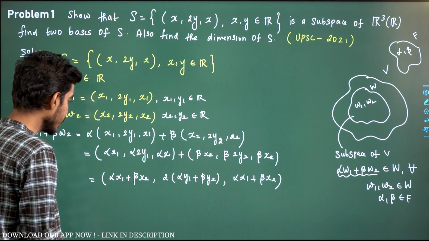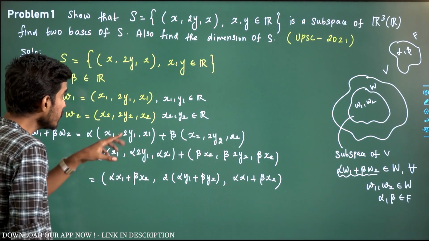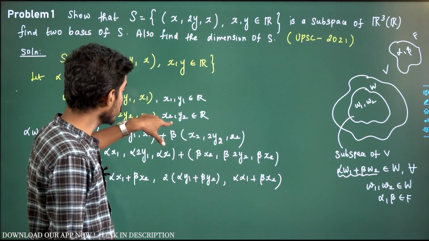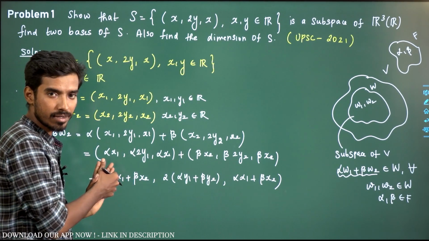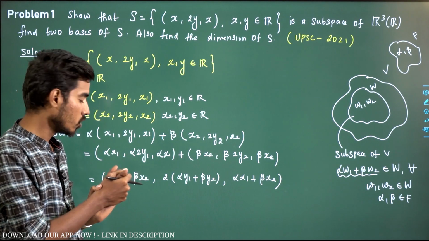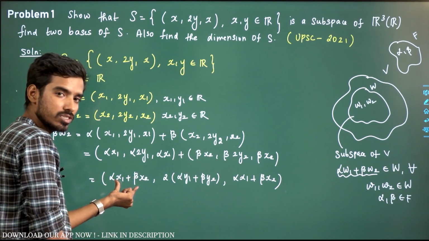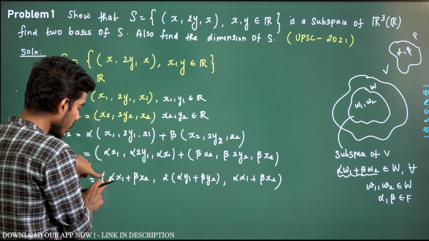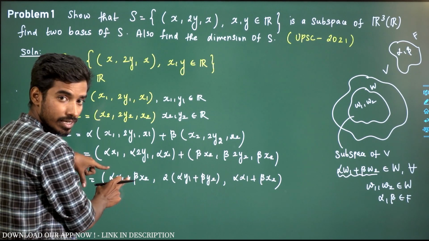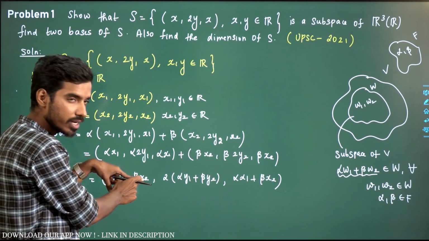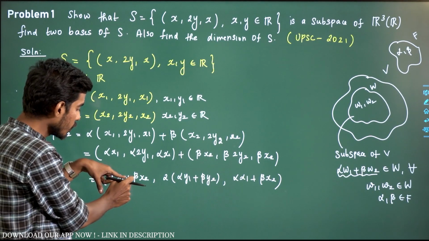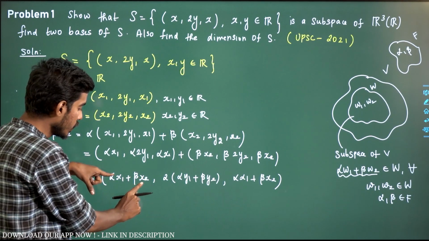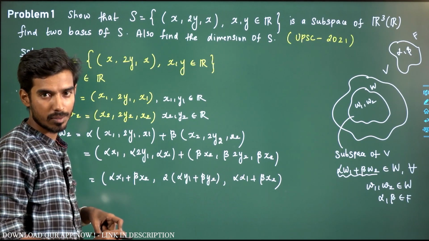I'm just adding these two tuples, that's it. Now you can see x1, x2, y1, y2 are all real numbers, and alpha, beta are also real numbers. So overall, this sum is going to be a real number. Alpha is a real number, x1 is a real number, beta is a real number, x2 is a real number. The product of two real numbers is a real number, and the sum of two real numbers is a real number.